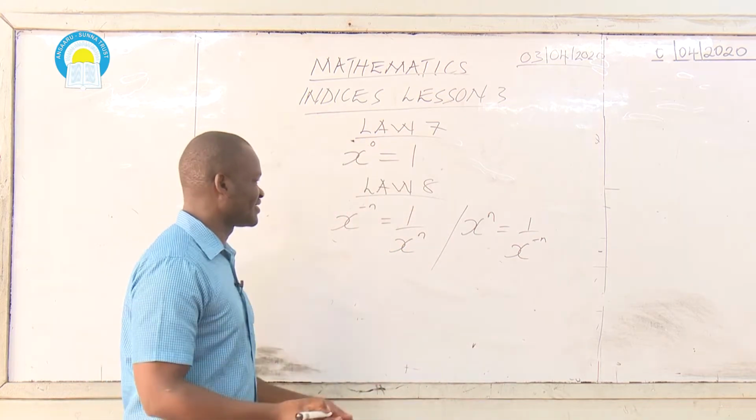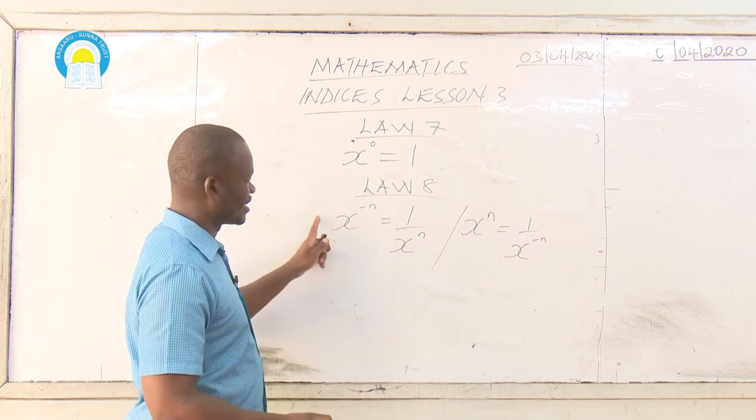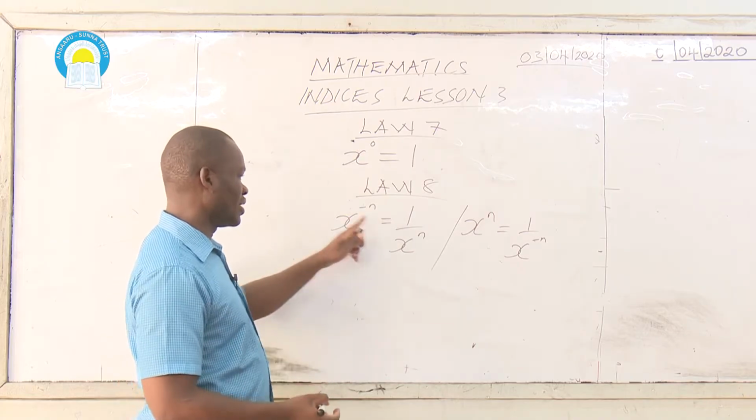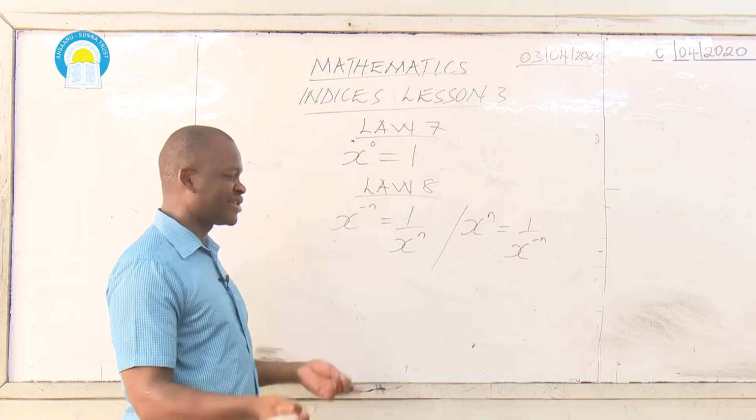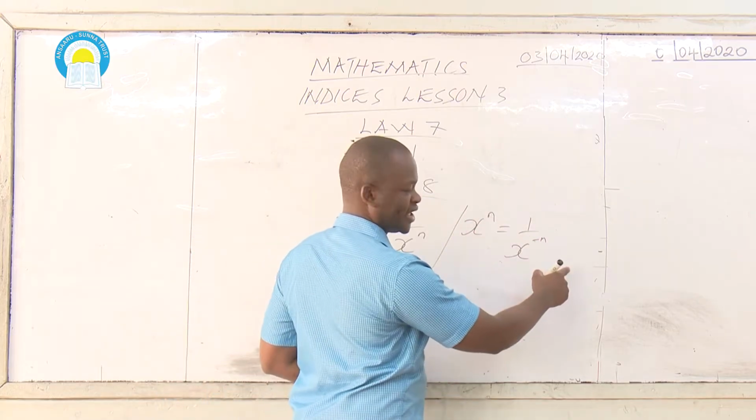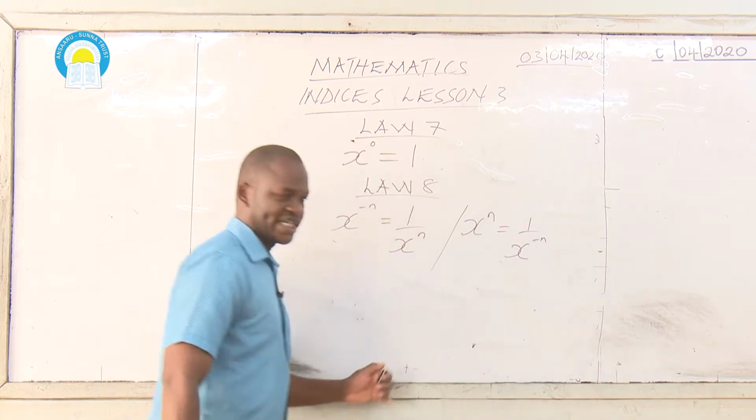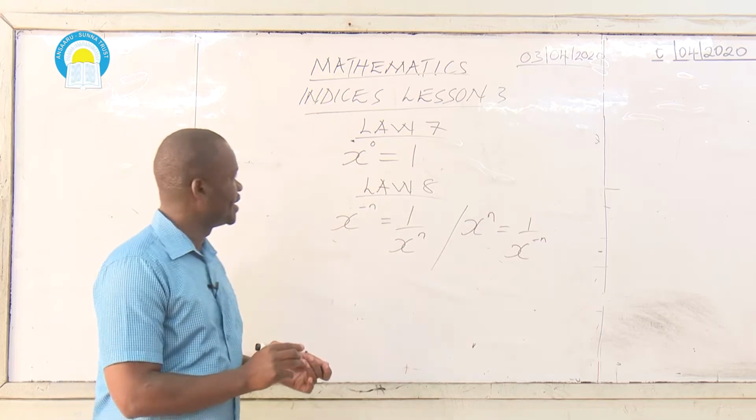But we said in most cases this is the part we apply, because we tend to do away with negatives. But once in a while we shall require that change from positive to negative. Now that was law number 8.